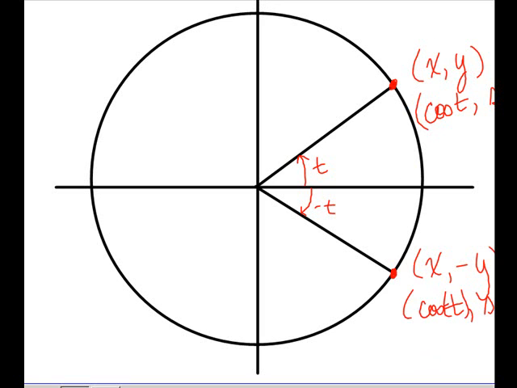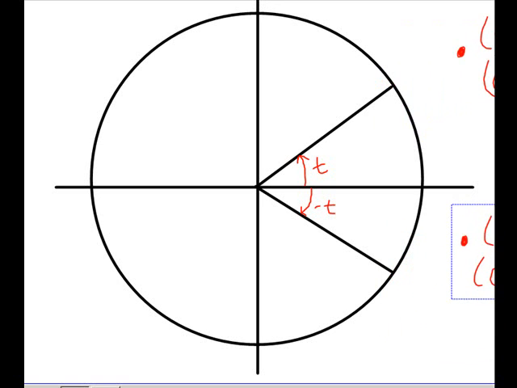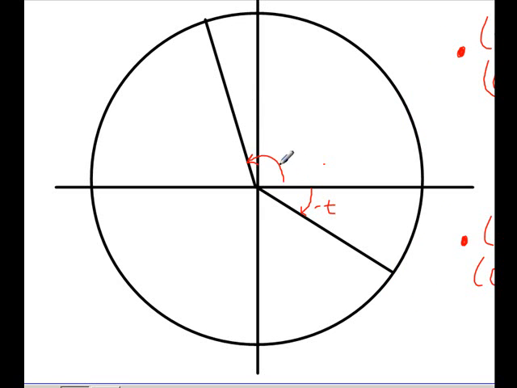We can say the same thing no matter where t is. So if angle T is over here, then the angle negative T would be the same amount of rotation but just in the opposite direction.